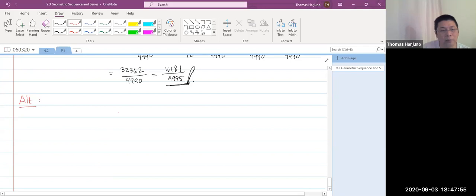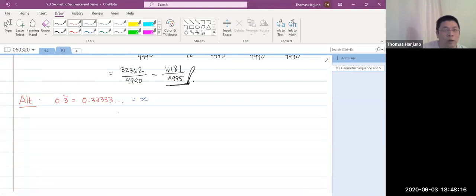Alternative method. 0.3 bar is 0.33333 on. Now let me call this x. Notice that it repeats every digit, every decimal, right?